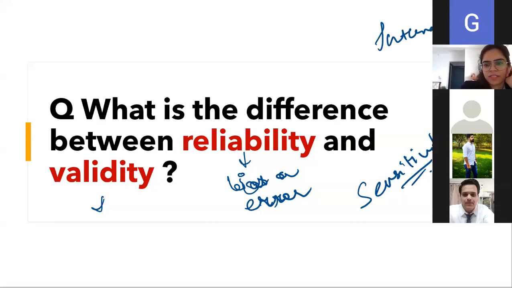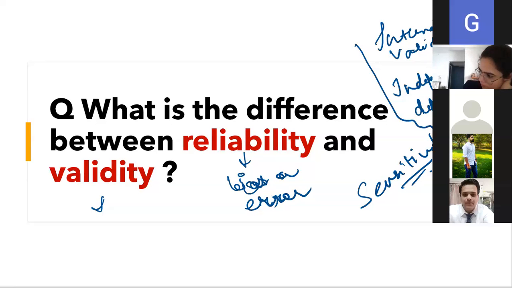Internal validity is the extent to which the independent variable is responsible for variation in the dependent variable.